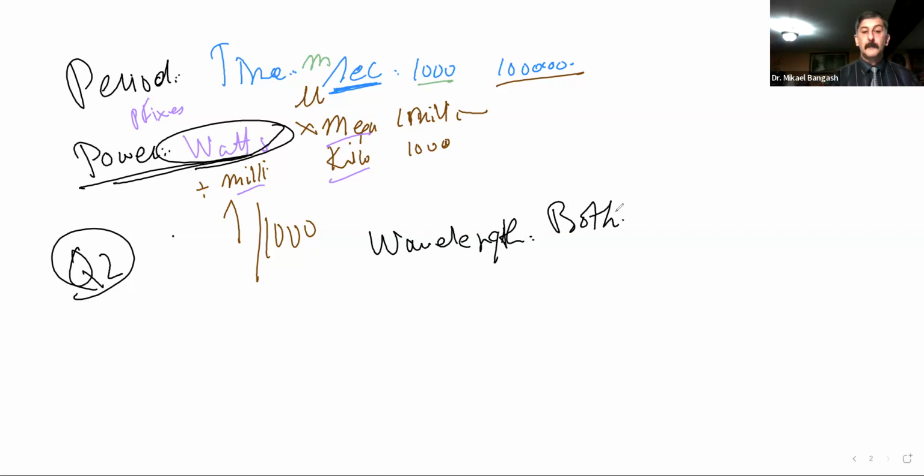Source, which is going to be the transducer, and the medium, which is going to be the tissues. In the tissues, what's going to determine the wavelength is mainly the speed in the tissues, that will determine that wavelength.